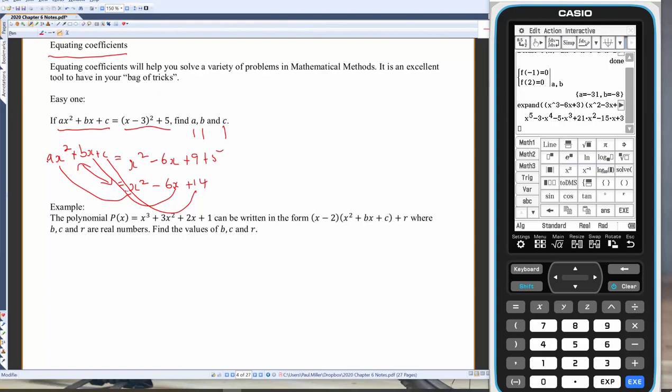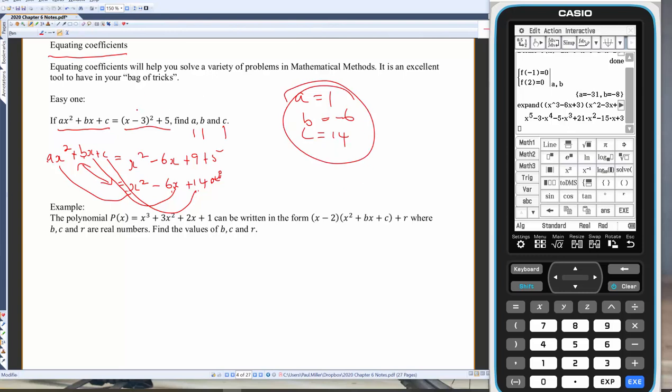So a must be the coefficient of this, so a is equal to 1. b must be the coefficient of this, so b must be -6. And c must be the coefficient of this one here, the power 0 term, which is equal to 14. c is equal to 14.